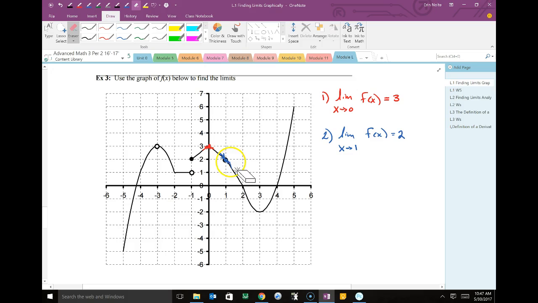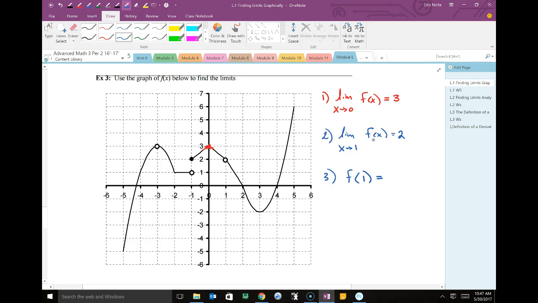Now this is a really good time to bring up the separate question: what is the function value when x is 1? This is really an algebraic idea, whereas limits are more of a calculus idea.